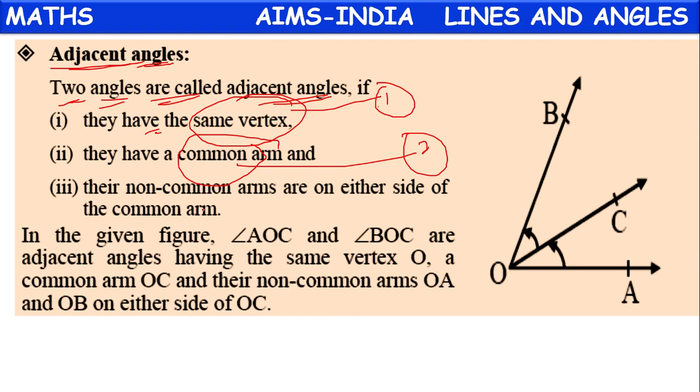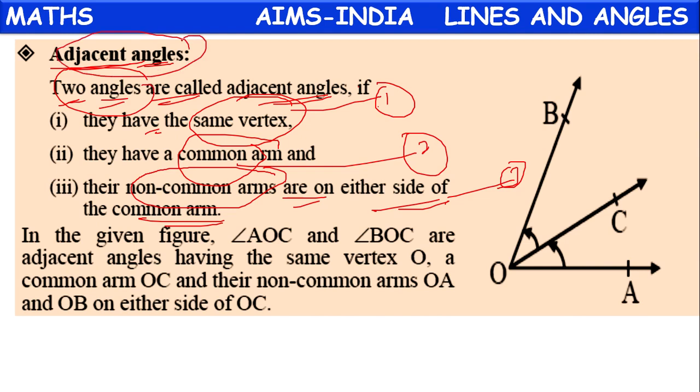And third point, the non-common arms are on either side of the common arm, meaning one on this side and one on that side. If these three points are satisfied, then the two angles are called adjacent angles.